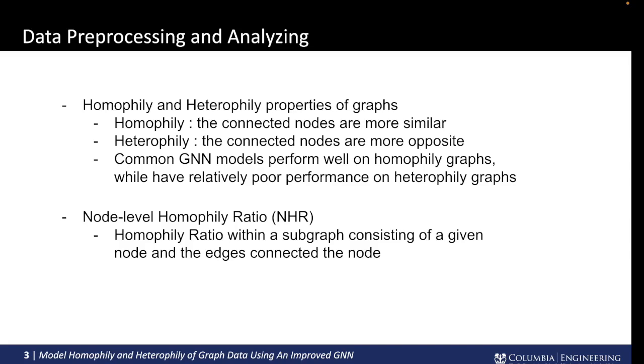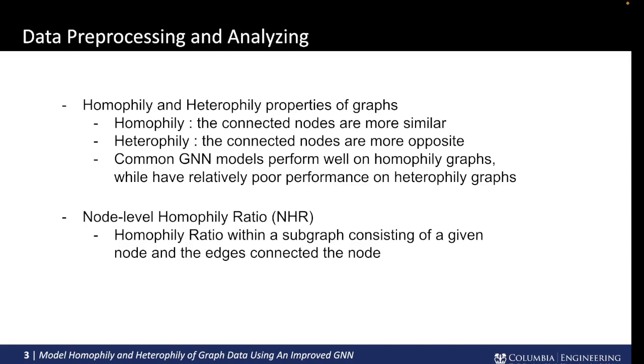I will first introduce the homophily and heterophily property of graphs. In general, homophily describes that nodes tend to connect with similar others. This is observed in a wide range of real-world graphs, including friendship networks, political networks, citation networks, and more. In opposite, heterophily describes that connected nodes tend to have different properties or labels, like dating networks.